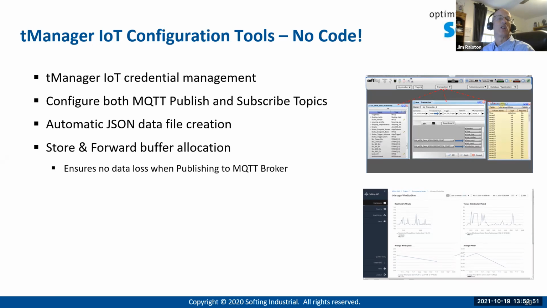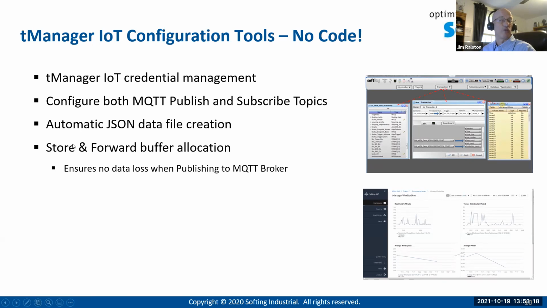So that saves a lot of time. You don't have to write any JSON data structure scripts, because tManager automatically creates them, and then you can utilize them when you're creating the project, the transaction, in tManager, and also as a function up in the cloud, where that structure can be used with the applications.